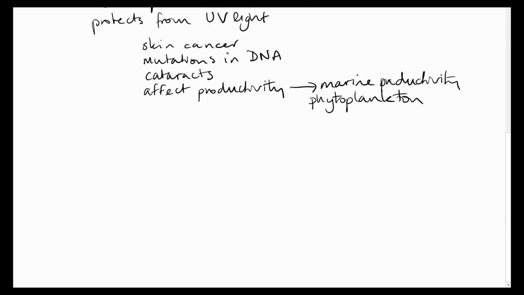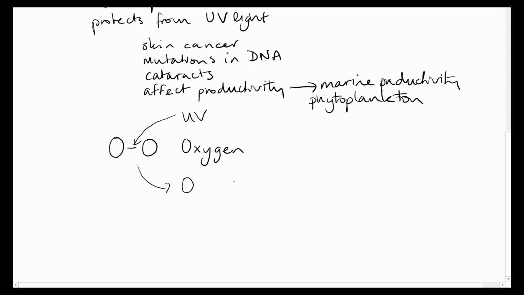But how does it get there? So we know we have oxygen. Oxygen is this double atom of oxygen. And what happens is that ultraviolet light actually splits apart the oxygen until we have separate atoms of oxygen.